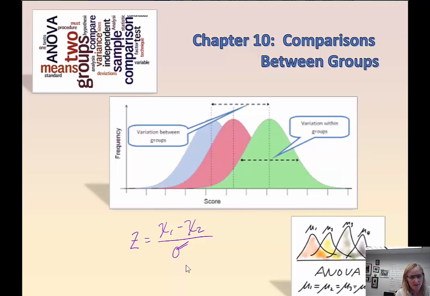We're trying to see if this mean here in the blue group varies enough that we can say it's actually different than, say, the pink group or the green group over here. And we do that by looking plus or minus 3 standard deviations on either side to see if those means overlap.